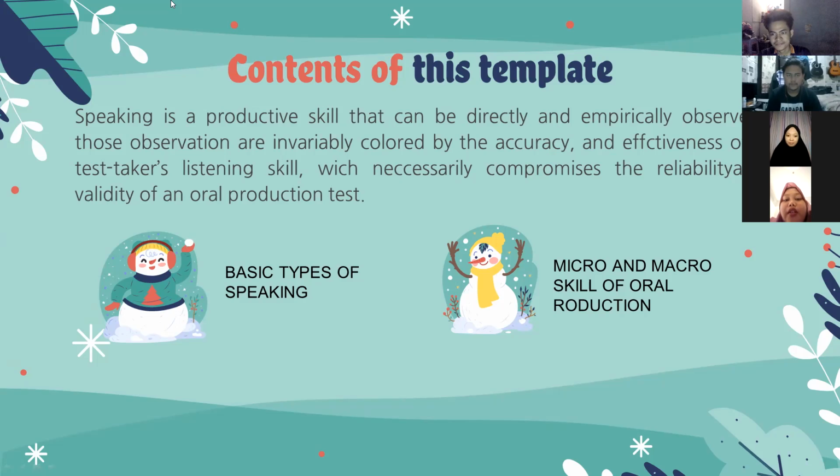Those observations are invariably colored by the accuracy and activeness of a test taker's listening skill, which necessarily compromises the validity of an oral production test. So in this presentation, we will discuss the basic types of speaking and micro and macro skills of oral production. Next.